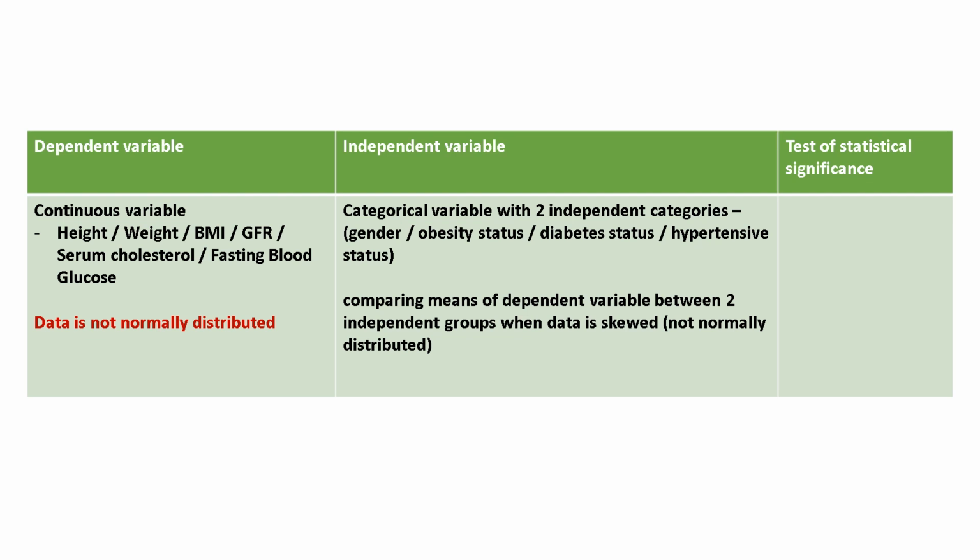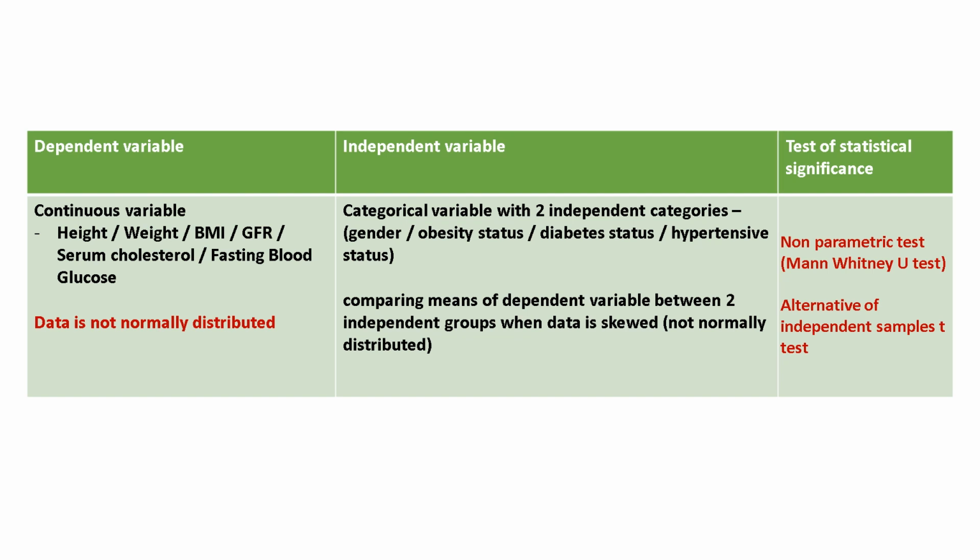So the scenario is to compare the means of the dependent variable between two independent categories when data is not normally distributed, or when data is skewed, can be positively skewed or negatively skewed. In that case, you can apply the Mann-Whitney U-test.